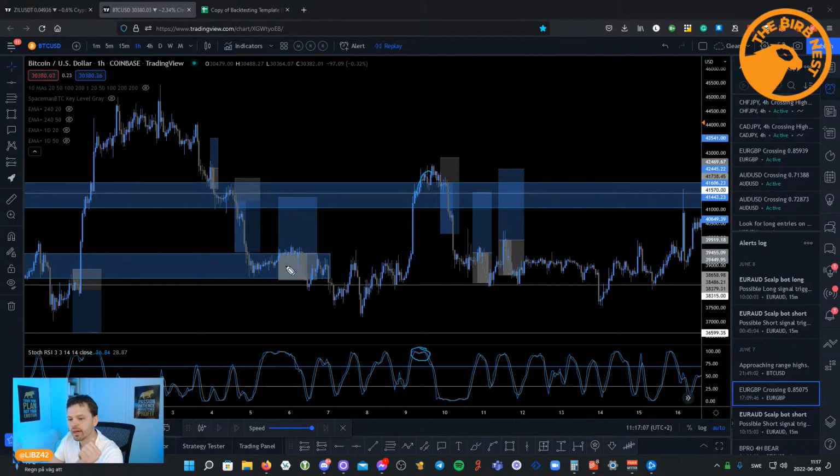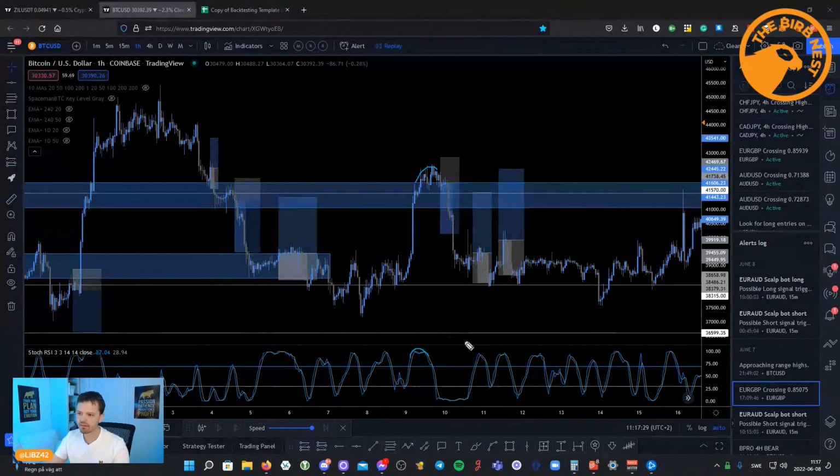Now you can take an example where I enter a long here with stochastics giving me a very clear top pattern when creating the bottom. But when the top is created with a stochastic RSI top, that's the confluence I'm looking at.